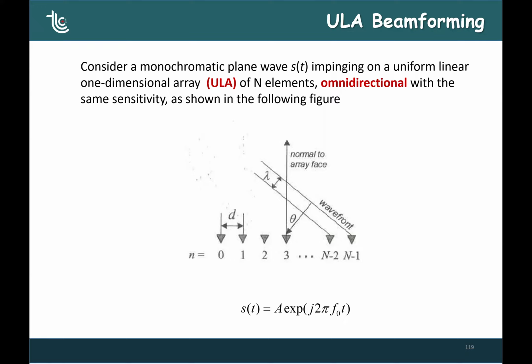Of course, lambda depends on the signal that has been transmitted by the source of opportunity. Okay, so suppose that the signal that has been transmitted has constant amplitude A, and it has been transmitted on a certain carrier frequency f0.